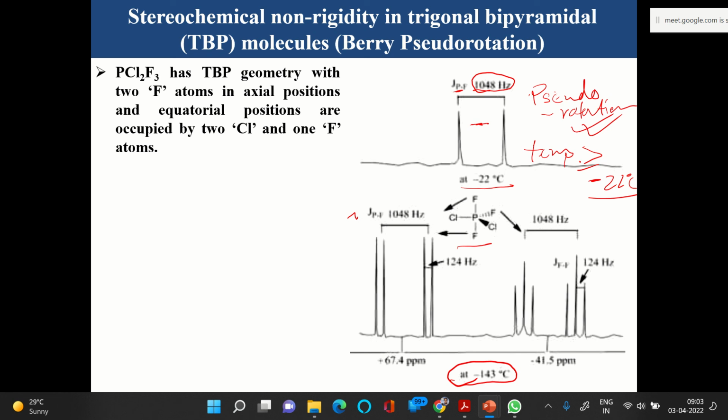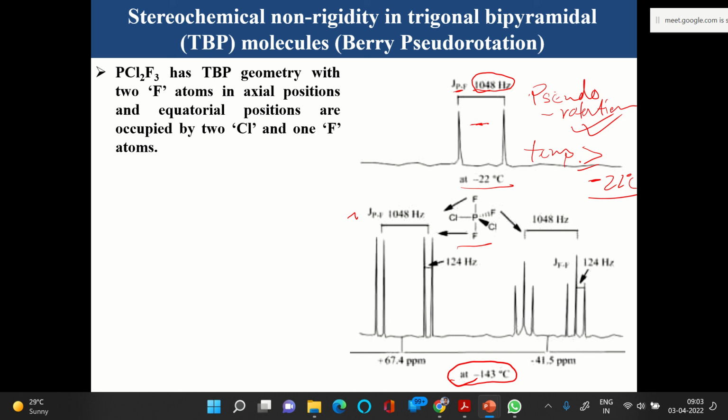Now you consider the interactions of the fluorine with the other fluorine, and so each of the doublets that was obtained at higher temperature will now split into a few more lines because of interaction with the other fluorine. So now you consider all these interactions and go on splitting it.